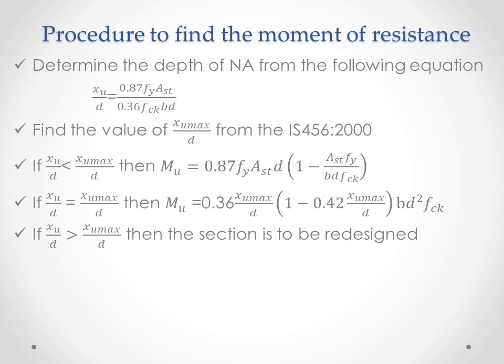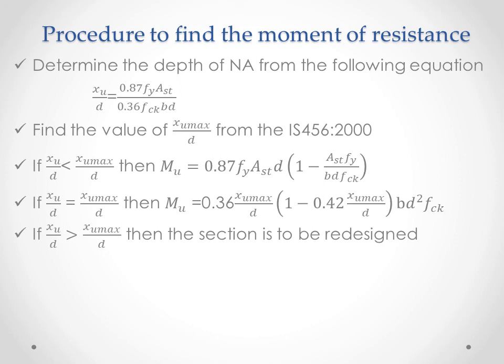So that is all for today, guys. I hope you understood the topic, how we analyze a singly reinforced rectangular beam by dividing it into sections and checking each case, depending upon the number of bars that you have reinforced inside the concrete.